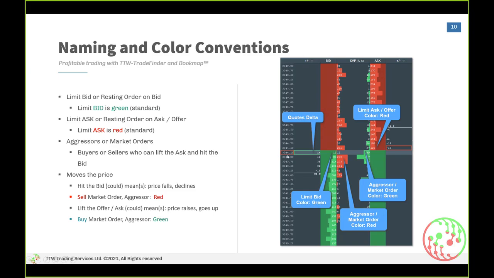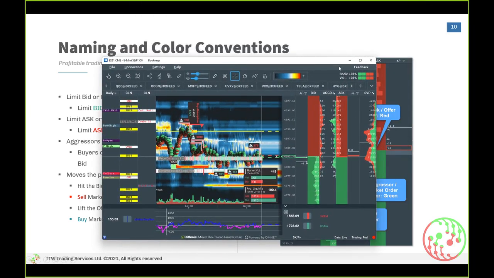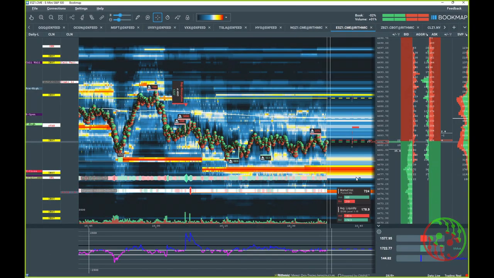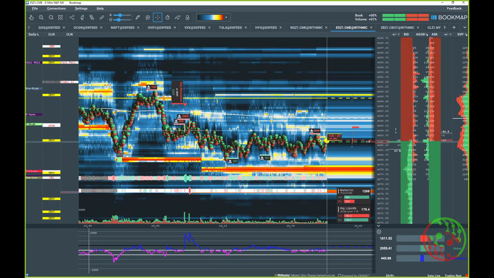So I added the quotes delta to my book dome here. By the way, you can get the setup very instantly.